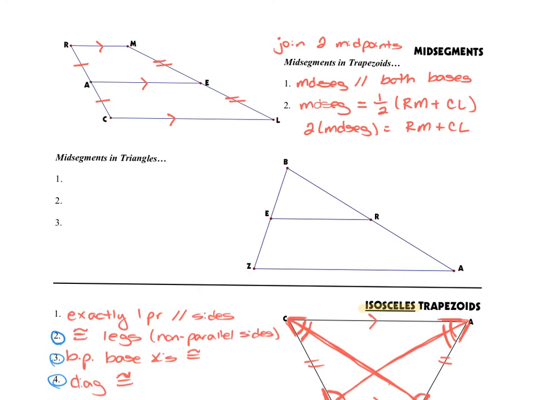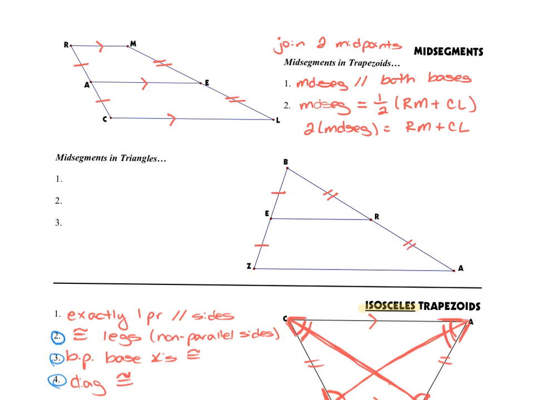We also have a midsegment and a triangle, so I'm just going to kind of lay some groundwork on this one. So if ER is my midsegment, I can label that as a midsegment and say that BE is congruent to EZ and BR is congruent to RA.